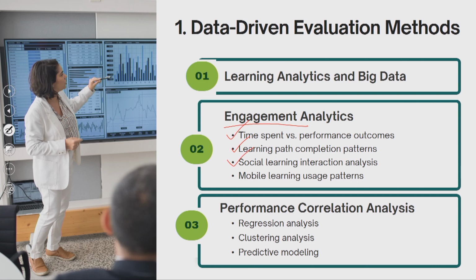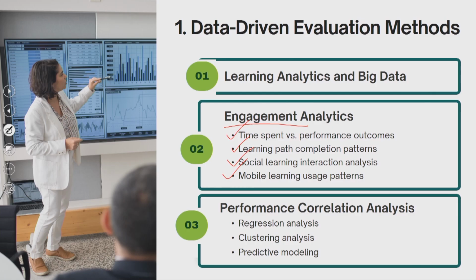We also see that there are some typical mobile learning usage patterns that are relevant when it comes to engagement analytics. Mobile learning usage patterns are very critical because most of the population now has access to a mobile phone, and the usage patterns will clearly indicate a lot about the individuals as such.